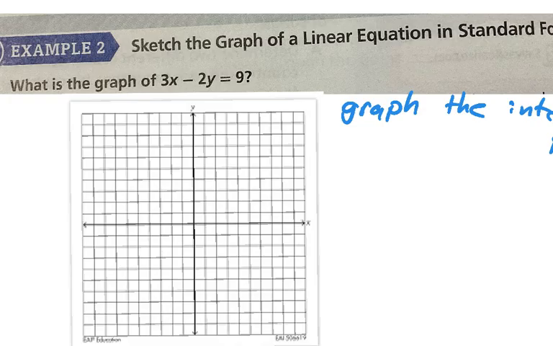So think about where the x-intercept could be. It could be here. Couldn't it? That's a spot. It could be here. It could be here. It could be anywhere on the x-axis. What is true of every point on the x-axis? Because I know the x-intercept has to be on the x-axis. Just give me a true statement about every point that is on the x-axis.